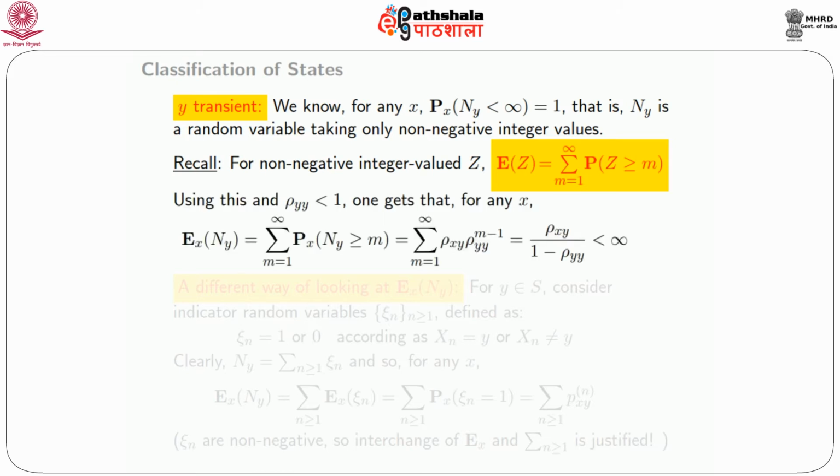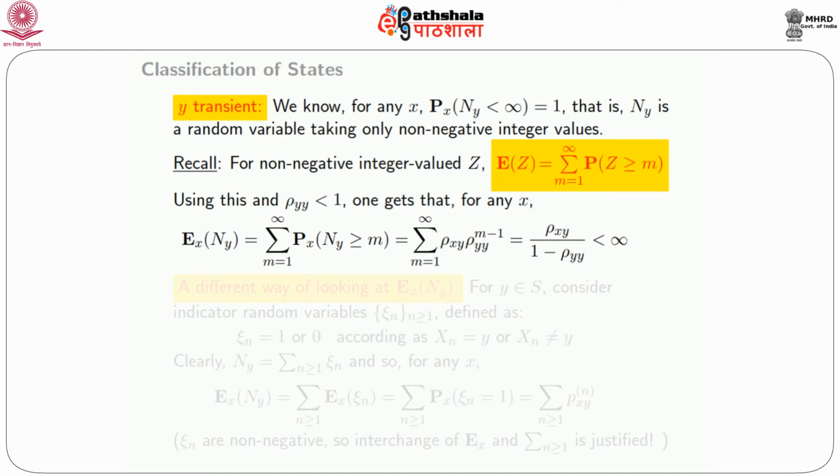So using this, one gets that for any x, E_x of N_y, the conditional expectation of N_y given the chain starts at x, would be given by, I'm using exactly that sum of tail probability formula, sum over m equal to 1 to infinity of P_x probability that N_y is greater than or equal to m, for which we have a formula given by that proposition, which is this: rho_xy times rho_yy to the power m minus 1.